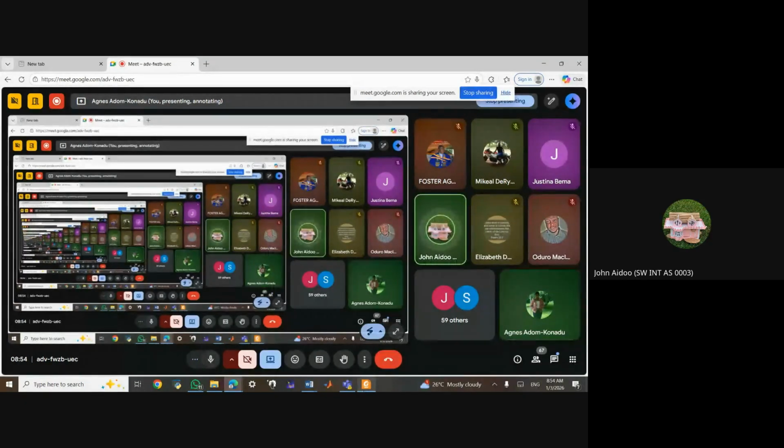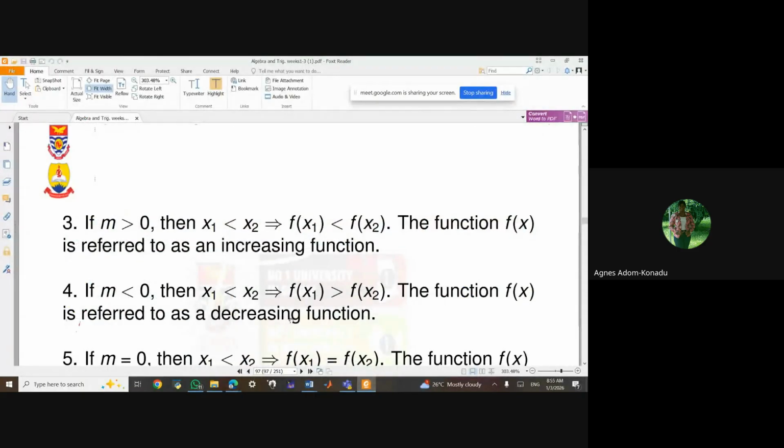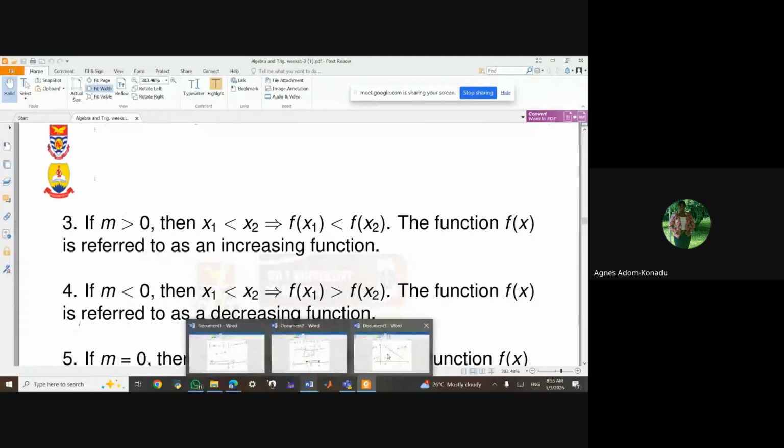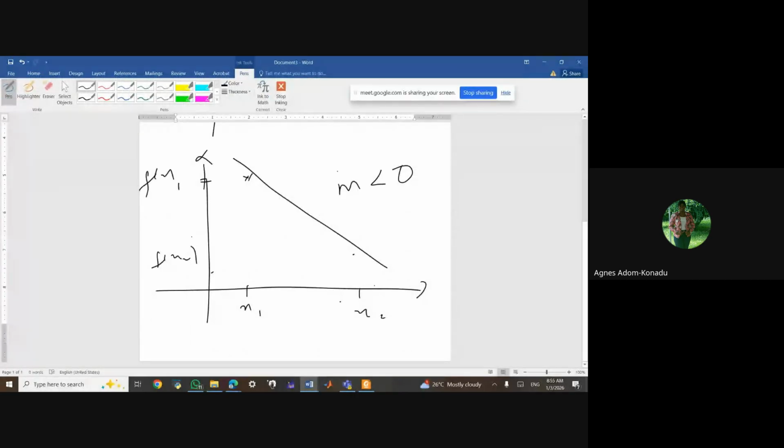Madam, welcome. Okay, so I said that if m is less than 0 and x1 is less than x2 and my f of x1 is greater than f of x2, then the function is a decreasing function. I think I have the graph here. I have x1 less than x2, but f of x1 greater than f of x2, and my m is less than 0.